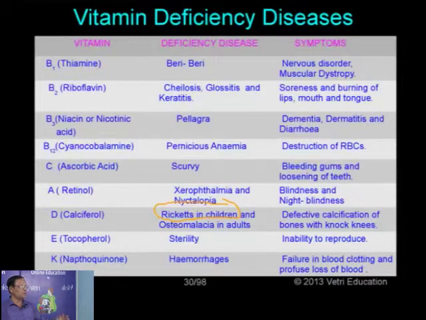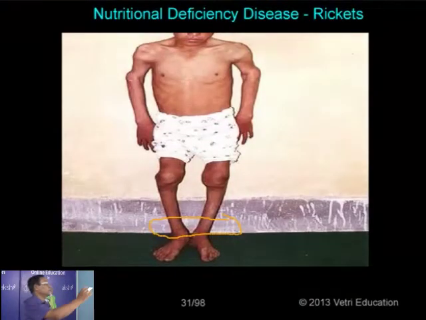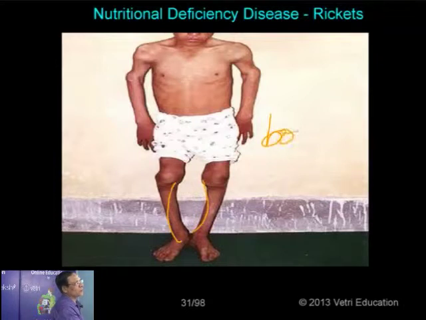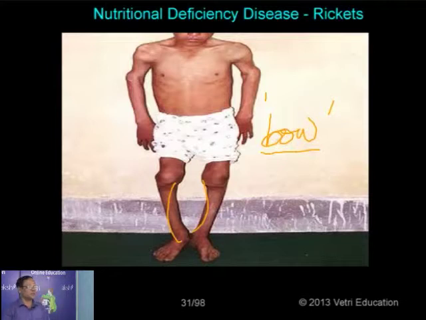Now you can notice some of the symptoms of rickets in children. The most important symptom you see is bowed legs, the leg is just like a bow. They cannot stand straight, the legs are arched. That condition is called bow-legged condition. Then they also have pigeon chest.